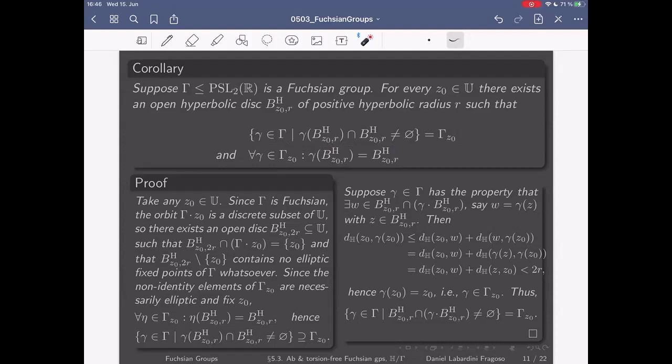And what's more is that this element gamma actually preserves this hyperbolic disk.